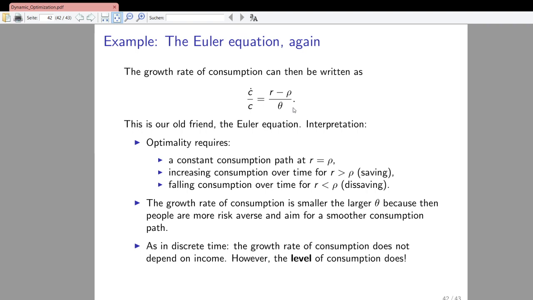And again, theta moderates this, so the higher theta is, the larger the difference between the interest rate and the time preference rate has to be to induce a certain change in households' savings decision. Well, if the interest rate is exactly as high as the rate of impatience, then households would opt for a constant consumption path.